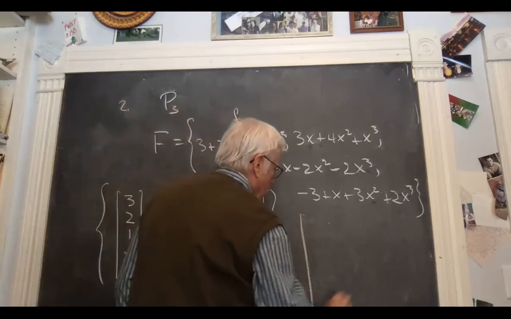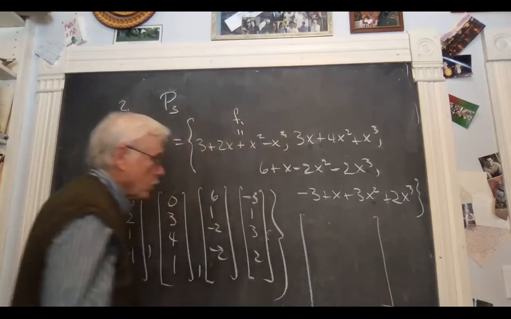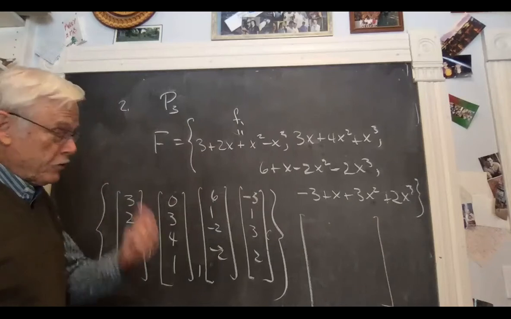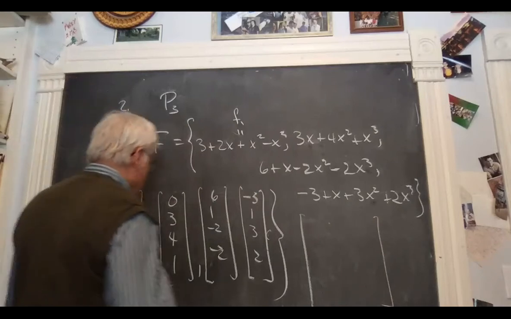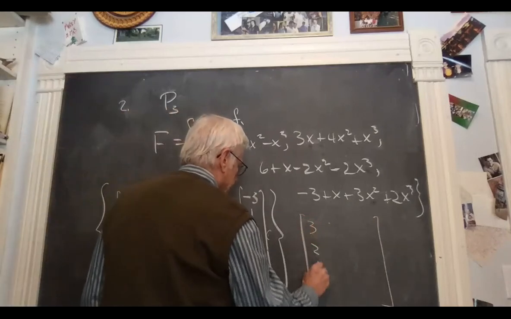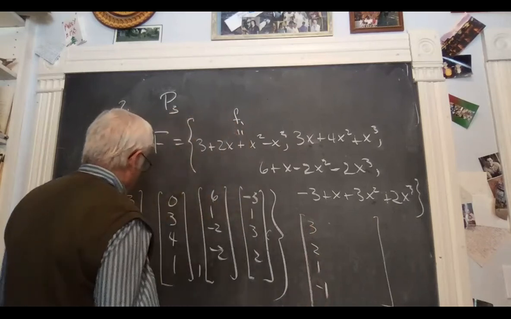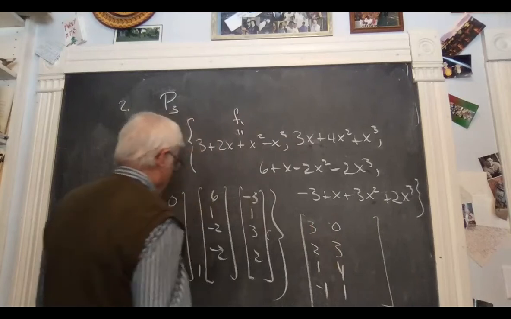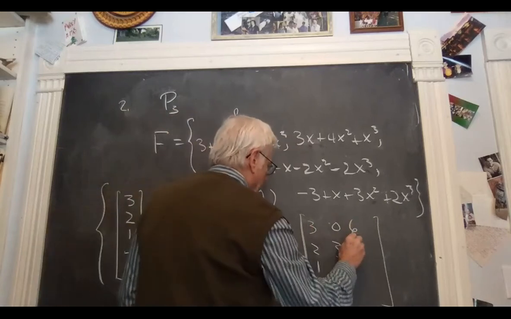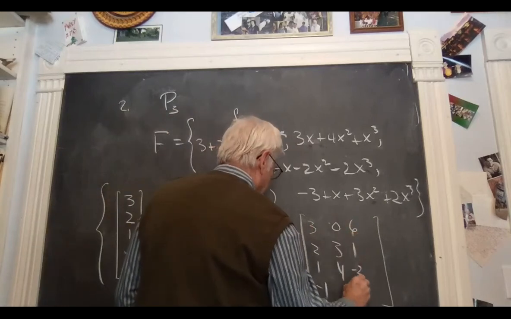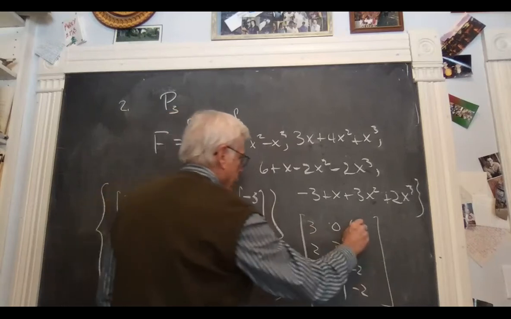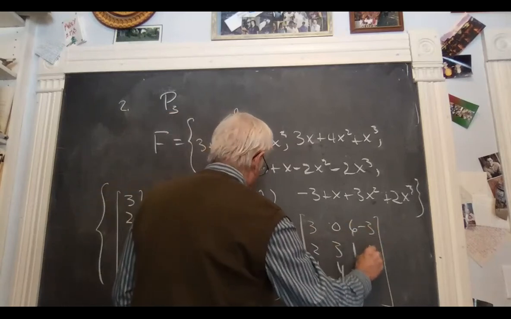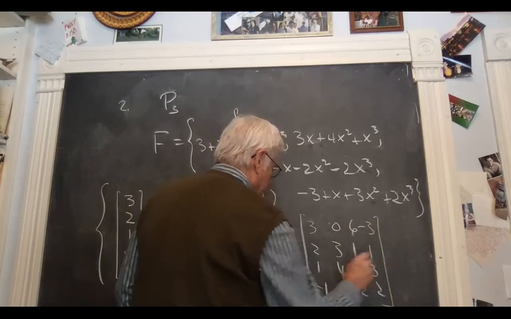So we'll set up the corresponding matrix, we'll row reduce it, and look at the pivots. 3, 2, 1, minus 1. 0, 3, 4, 1. 6, 1, minus 2, minus 2. And then minus 3, 1, 3, 2.